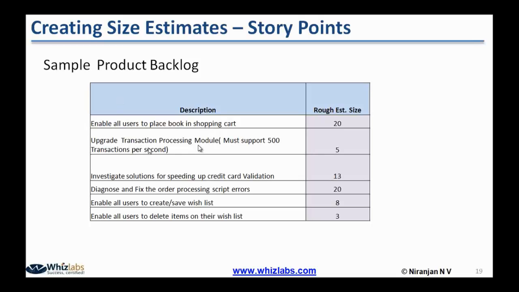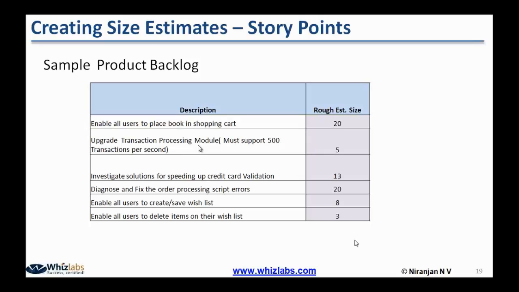Transaction processing is a little bit less. We may not know the exact number; we just have to have a brainstorming discussion when these features are given to the team. You may find, I think just deleting items on the wish list doesn't take much time. So then let's give some number for this.